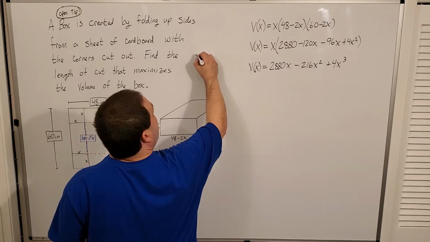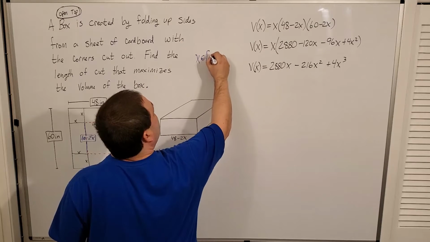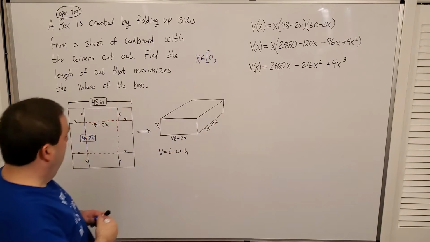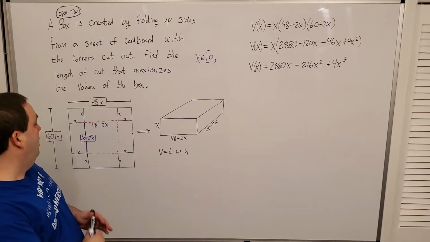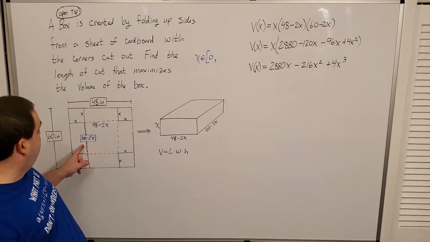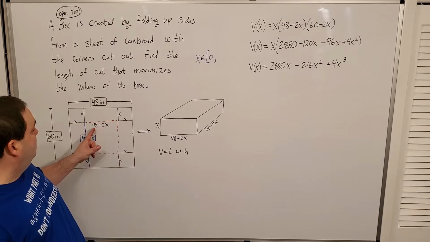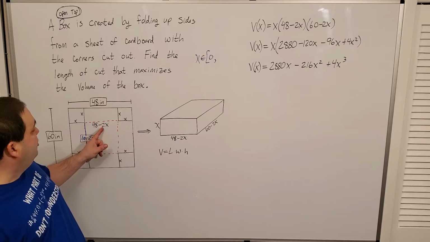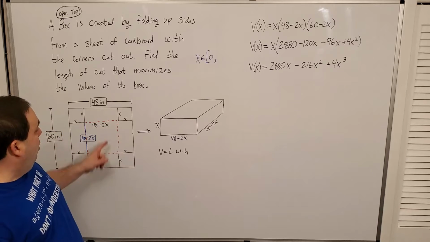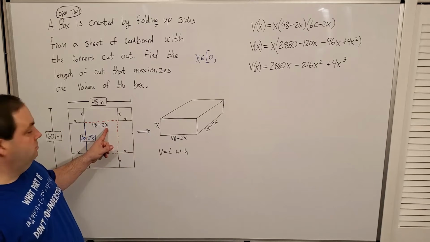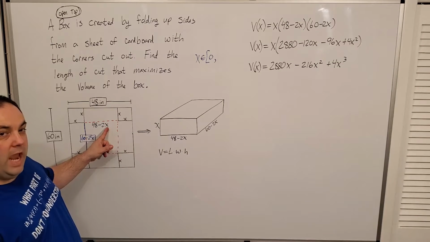So definitely x is bound on one side by 0. And then what would the maximum be? Well, 48 and 60, 48's the lower one, so I'll go with that one. Minus 2 times x. Well, what if x was 24? 2 times 24 is 48.